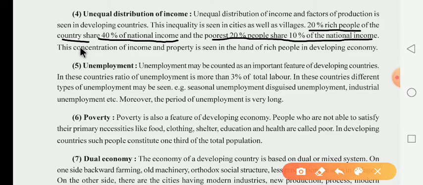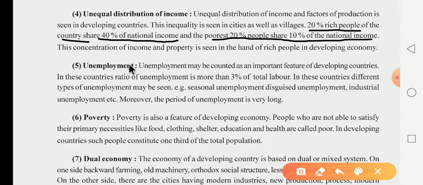This concentration of income and property is seen in the hands of the rich people in the developing economy.